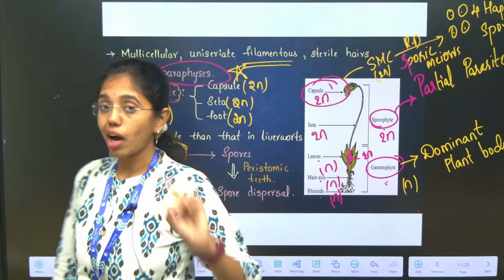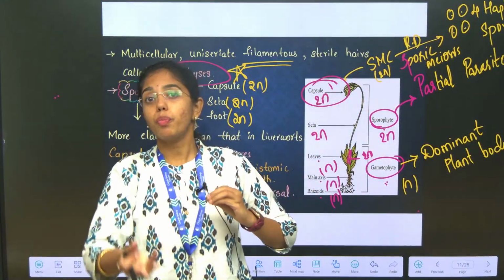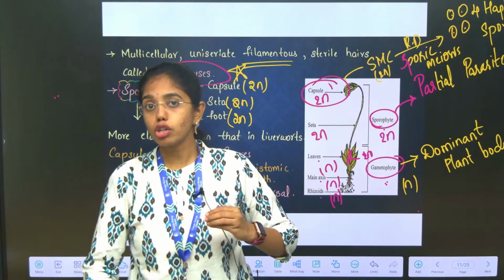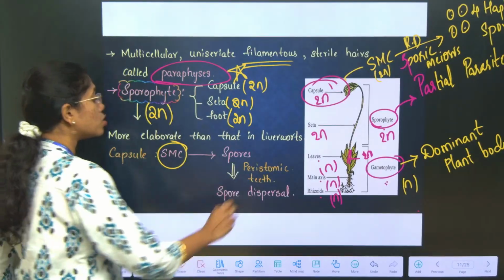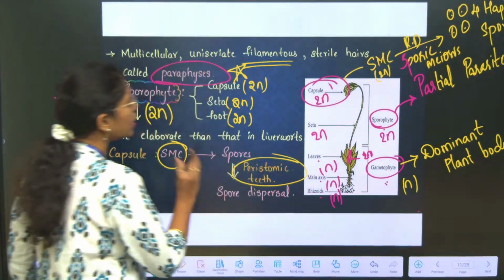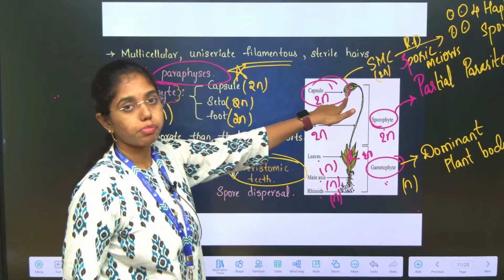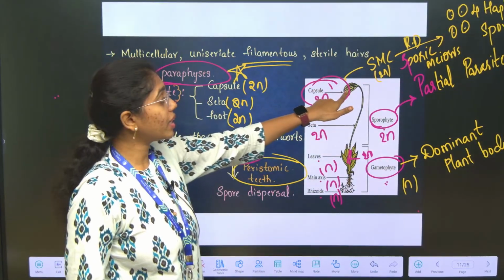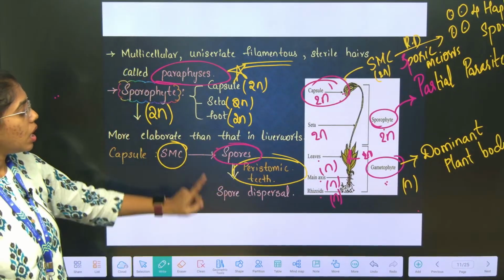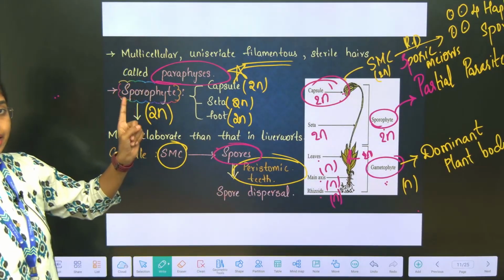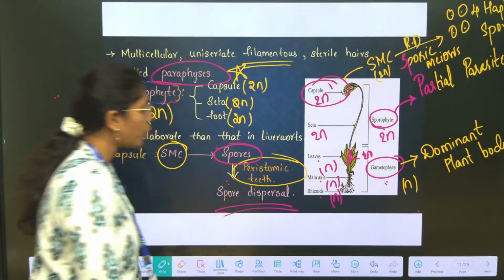Like how you have observed elaters which aid in the dispersal of spores in liverworts, here you have peristomic teeth present in the capsule which aid in the dispersal of spores. There it is elaters, here it is peristomic teeth which aid in spore dispersal.